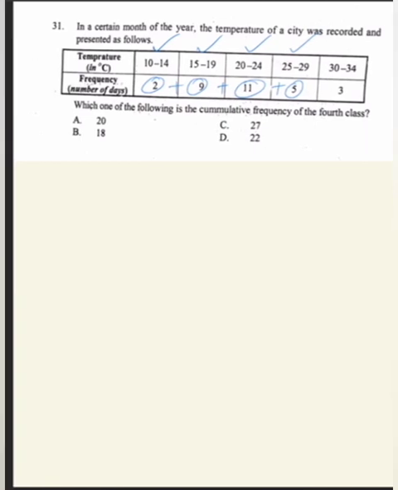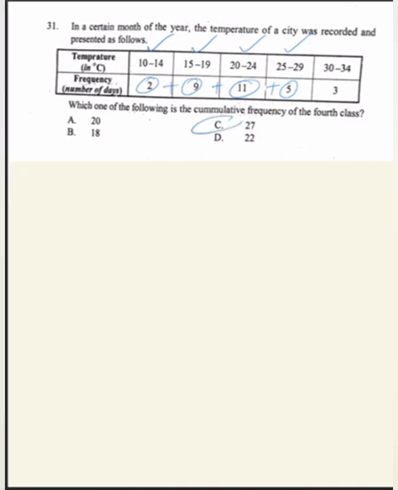First class ይሄ ነው፣ second class, third class, fourth class። ፎርዝ ክላስ ውስጥ frequency 5 ነው። የተጠየቅነው ግን cumulative frequency of the fourth class ነው፤ ያ ማለት እስከ fourth class ድረስ ያሉት frequencies ተደምረው ማለት ነው። The sum of all this 11 and 11 is 22, 27 ይሆናል። The cumulative frequency of the fourth class will be 27.